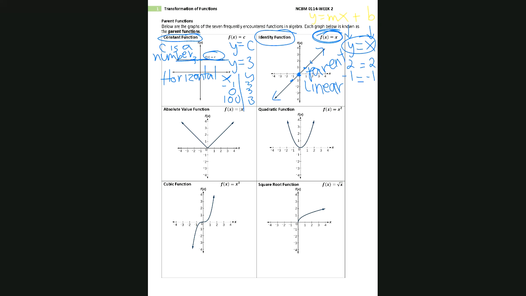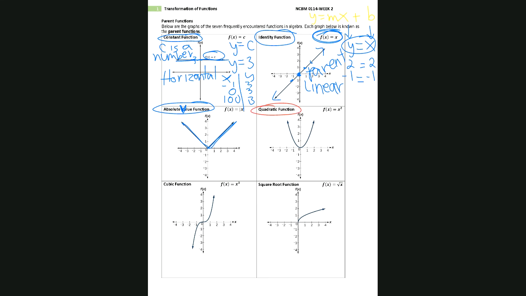Now let's move on to our next function here, and this is called the absolute value. I like to remember the shape of it. It looks like a V shape. It's similar to quadratic, but if you notice quadratic, which is right next to it, it is more curvy.